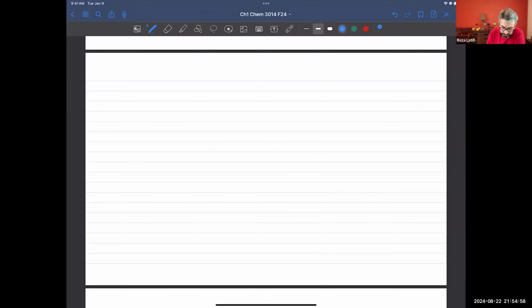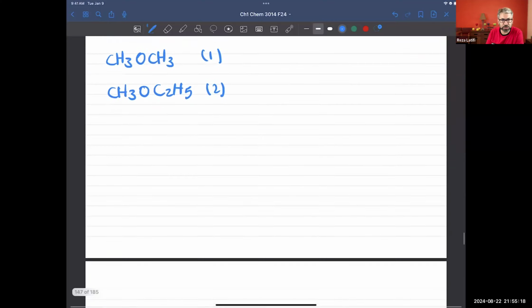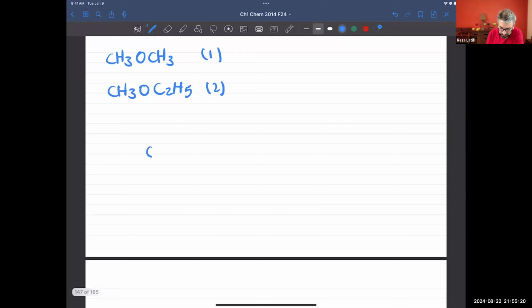You have CH3, O, CH3, and this one is going to be C2H5. The first molecule has a carbon attached to 3 hydrogens, then oxygen, then oxygen attached to carbon, and carbon attached to 3 hydrogen atoms.